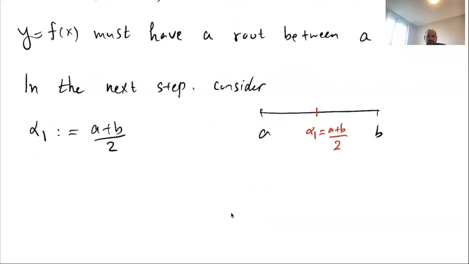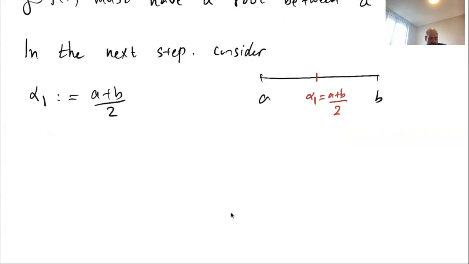We know that the root is between a and b. It's possible that the root is the average of a and b. That's one possibility. So then we can have 3 possibilities.